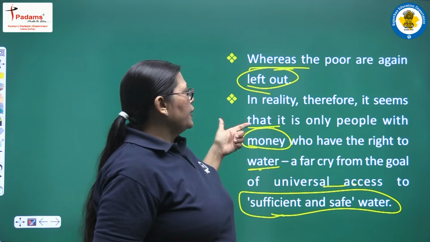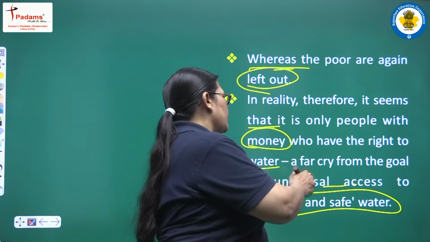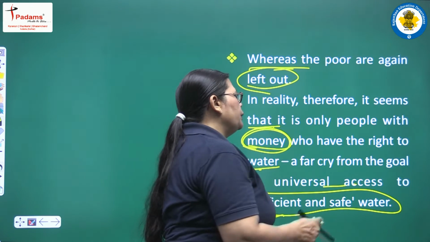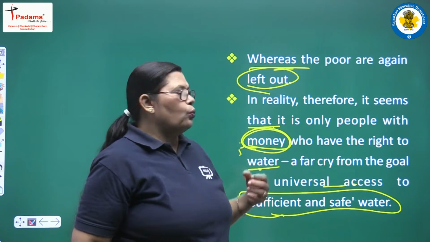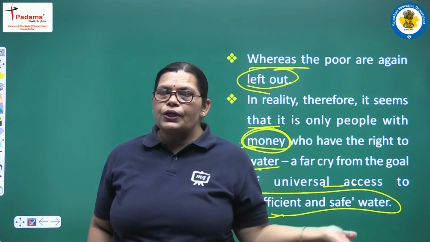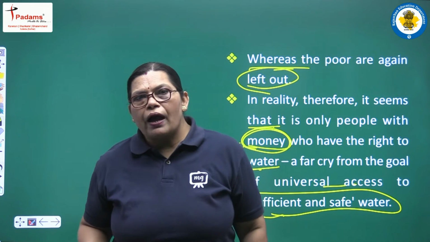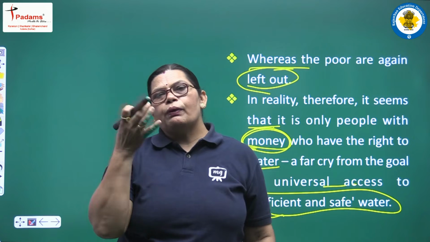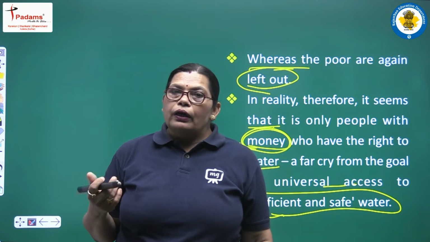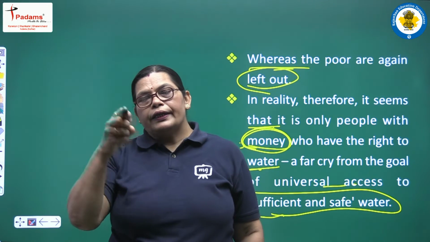And when we are considering the real picture, what do the money people or the rich people do? They have the right to water because they have sufficient money, they have sufficient power, they have sufficient approach to the municipal board or to the other governing, facilitating members.